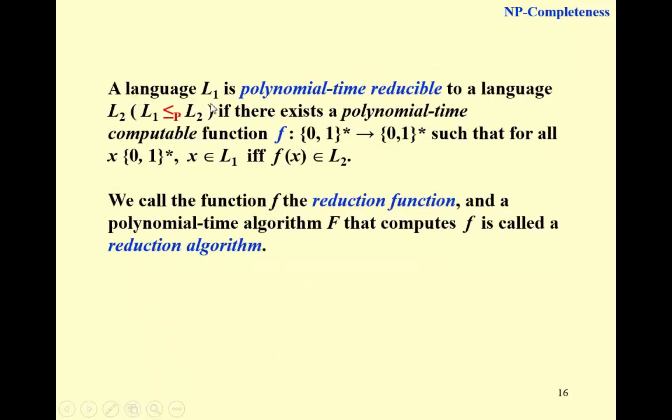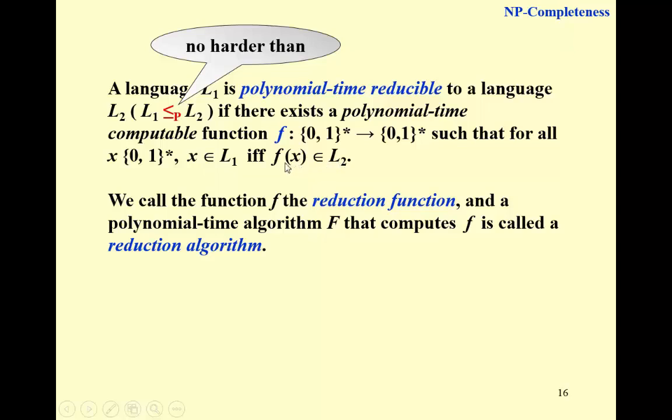How about the class of NP-complete? We say a language L1 is polynomial time reducible to another language L2, we denote it by this symbol. It means that it's no harder than. Say L1 is no harder than L2 if there exists a polynomial time computable function f, so that for all the instances x, x belongs to L1 if and only if f of x belongs to L2. What does it mean?